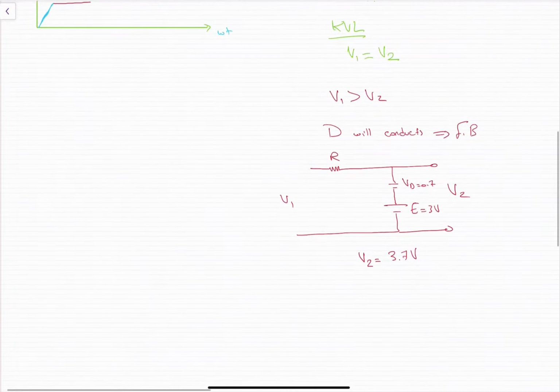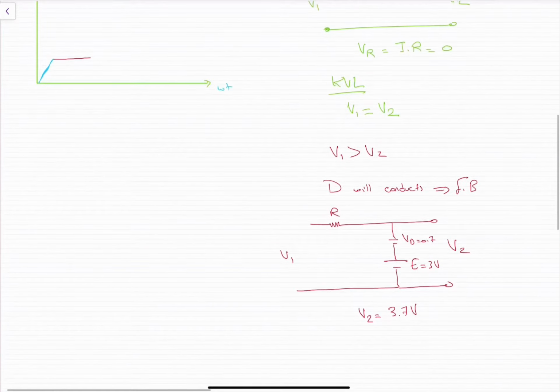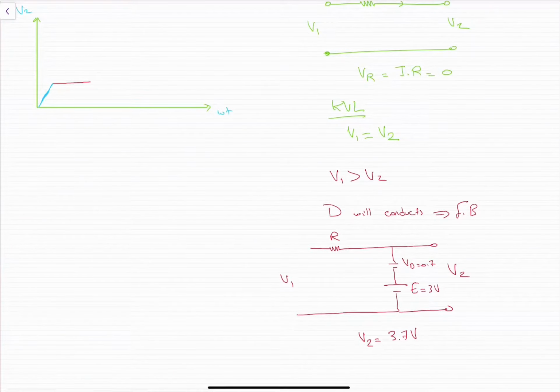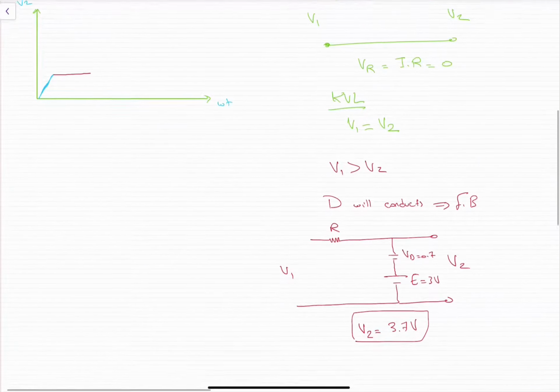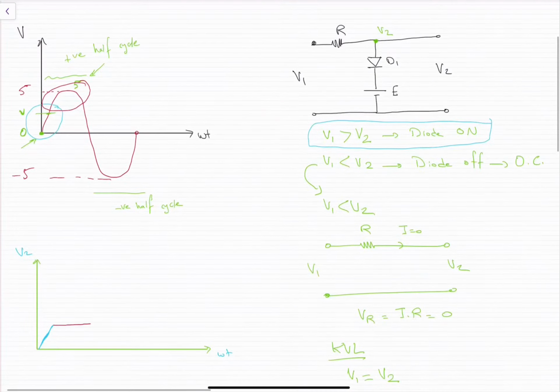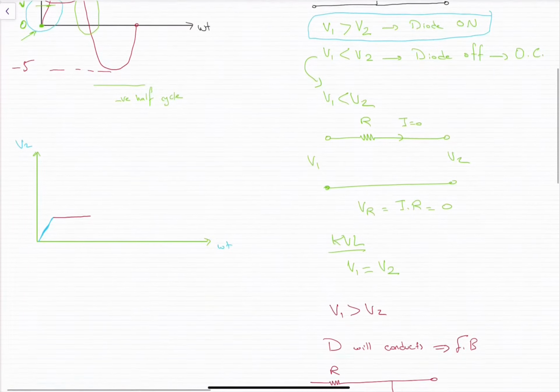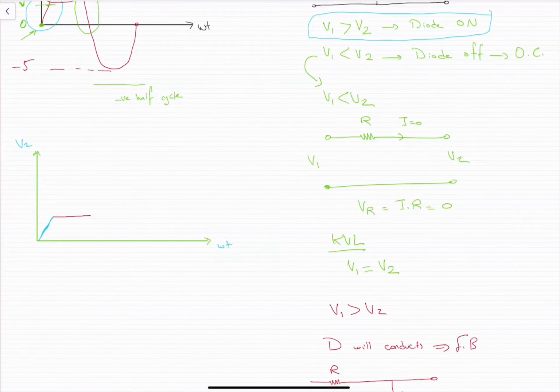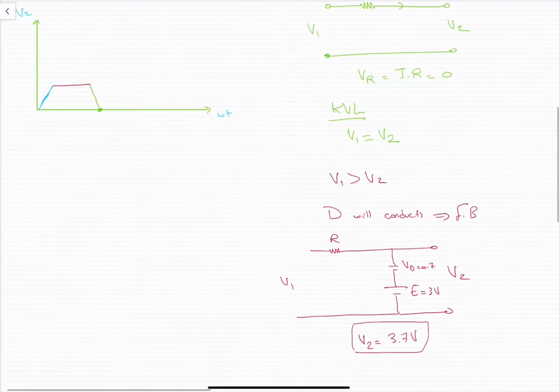So we will see that when V1 stays bigger than V2, the voltage of the output V2 will be 3.7 volts. This voltage will stay until V1 drops again below V2. So the V2 value will drop again, reaching 0.